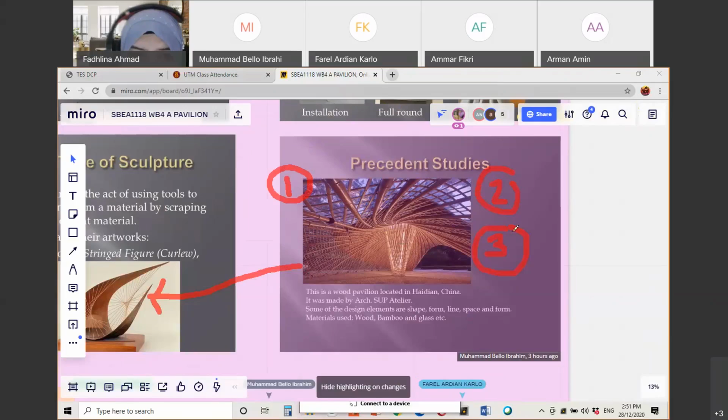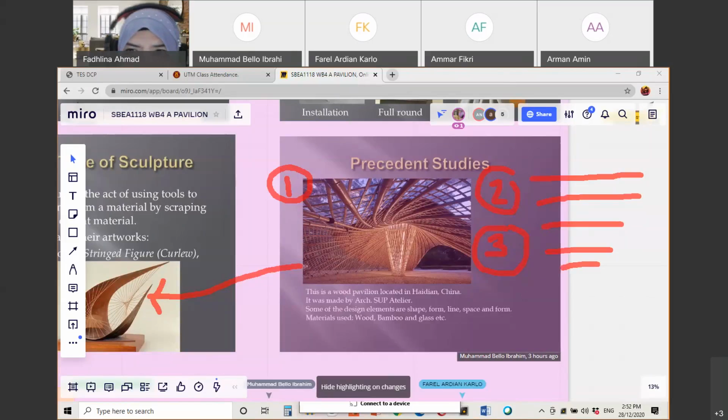Perhaps in your pavilion you are using wood and you want to do something related to curvilinear lines. But if you can add on something on carving, the types of sculptures that use carving, and how it is related to a pavilion, it will be of great benefit for you. Okay, thank you.